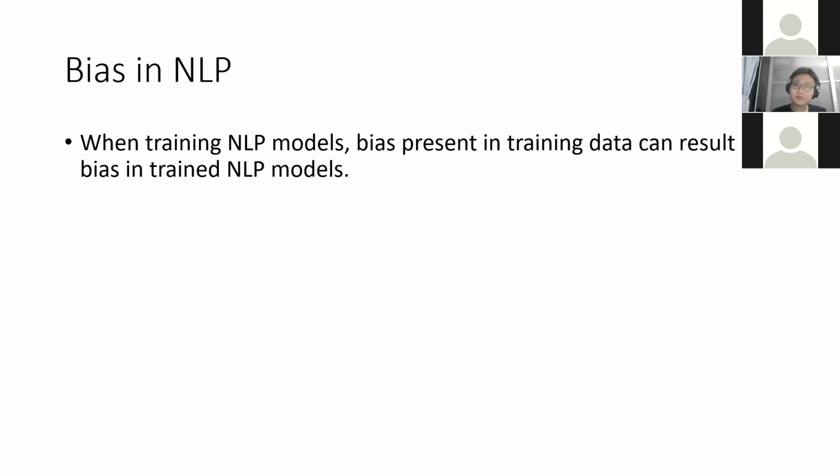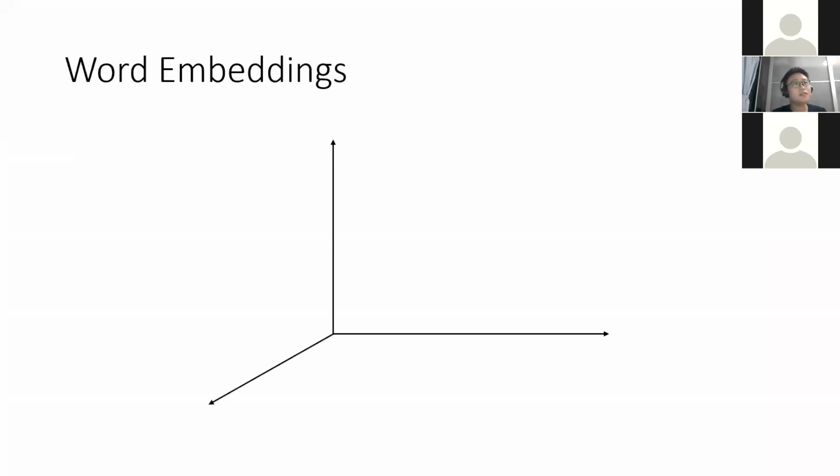Let's have a look at some examples. Let's talk about word embeddings. Word embeddings is when you map a vocabulary into a vector space. So you represent words as vectors, and from there you can draw analogies.